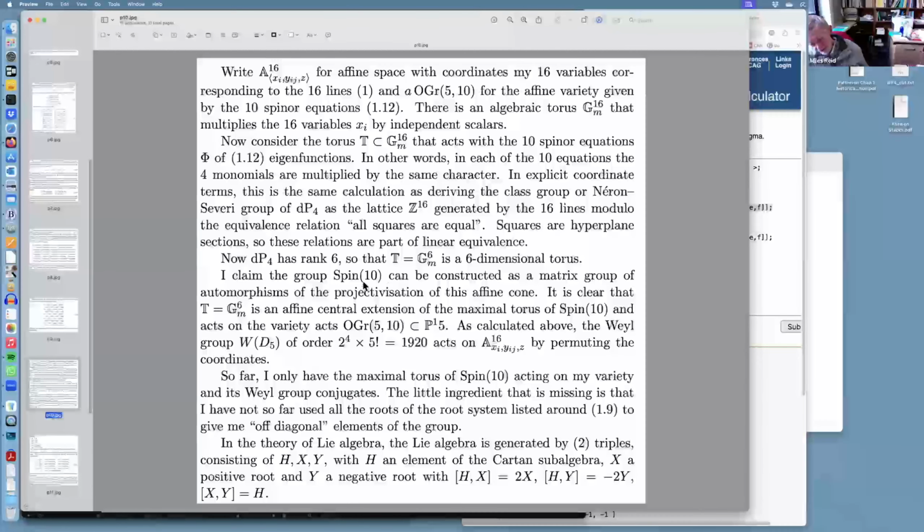And I want to construct, so there isn't just, I have the maximal torus.